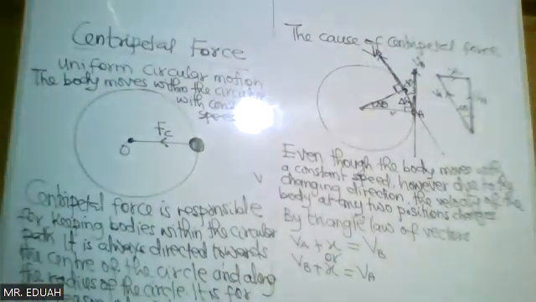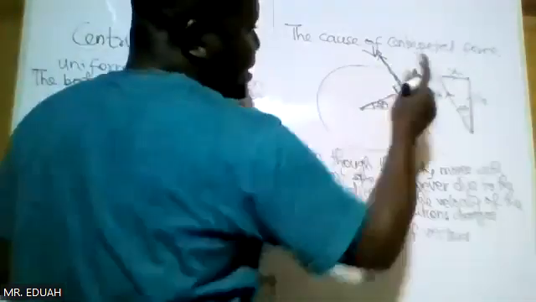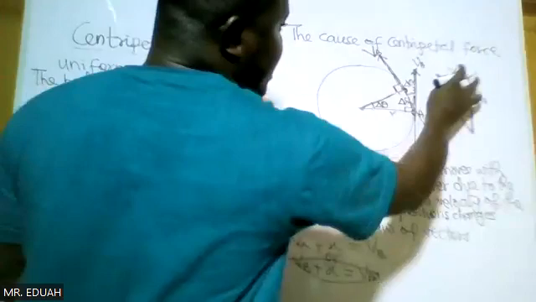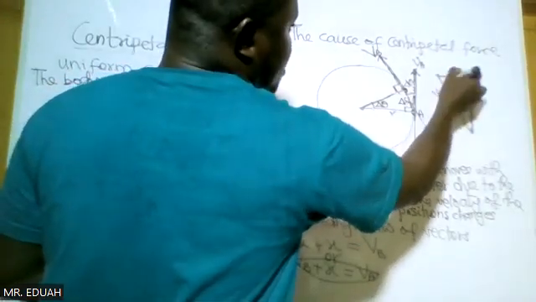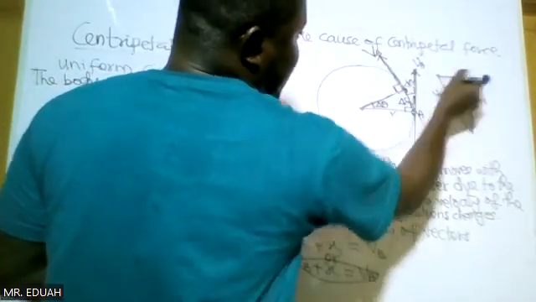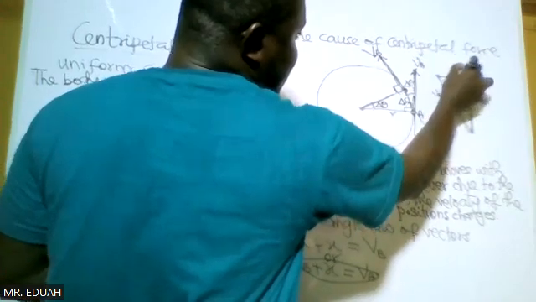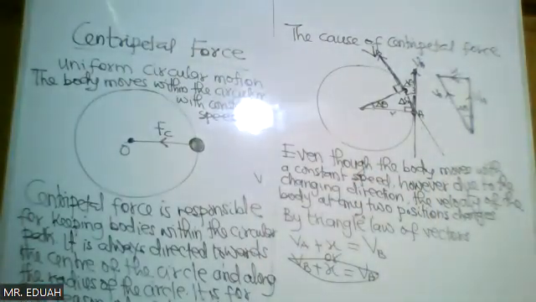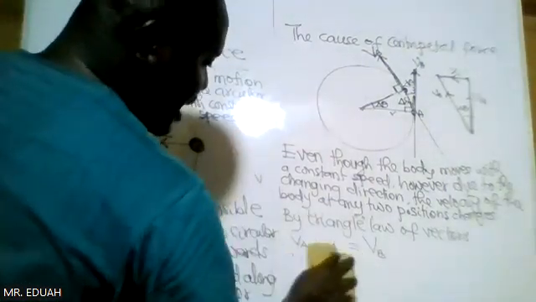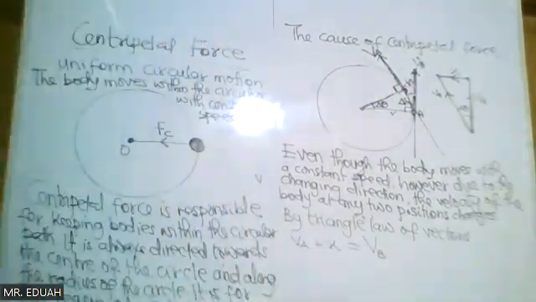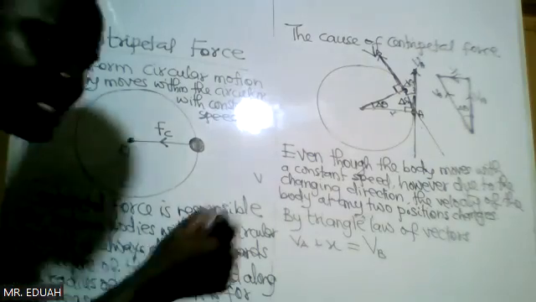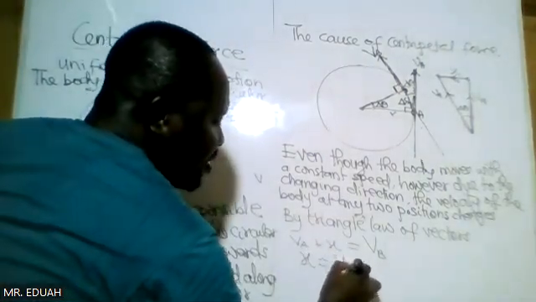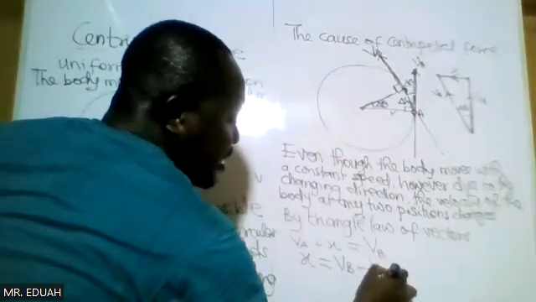Now, for a special reason, which you will understand later, we always take the direction towards this side. So if we use the first one, VA plus the unknown X is equal to VB, then making X the subject, we have VB minus VA.